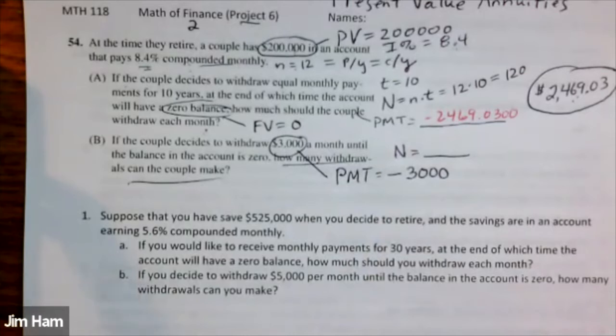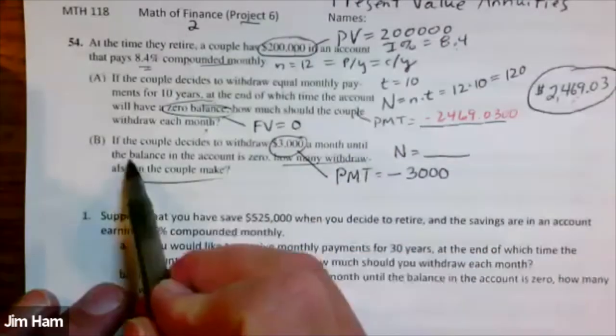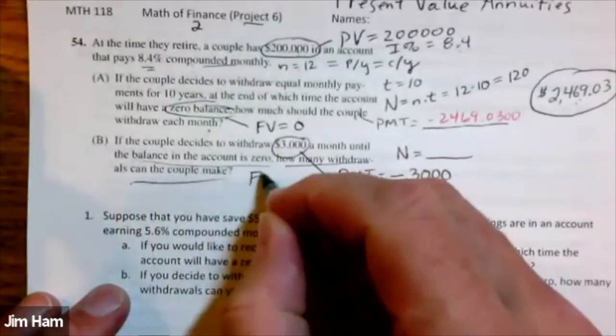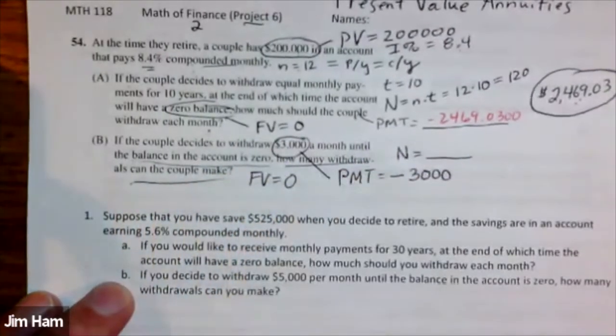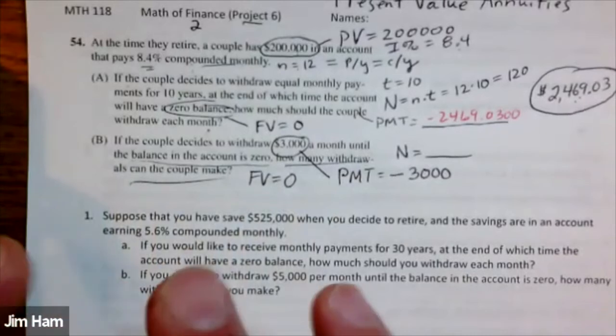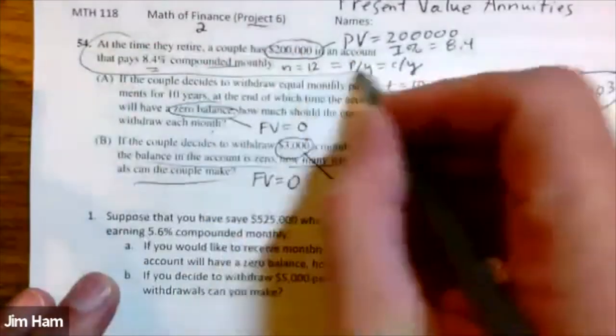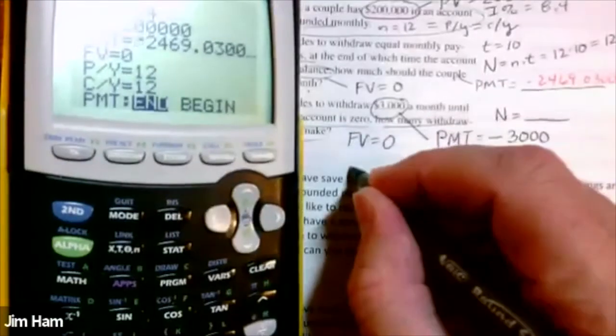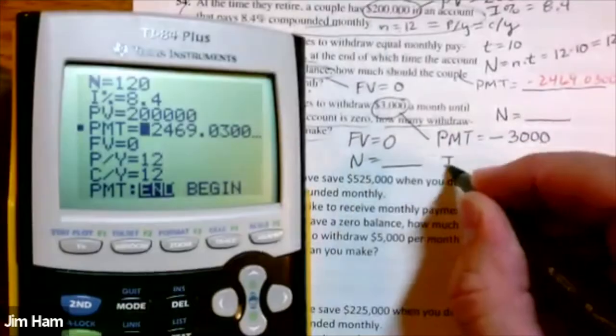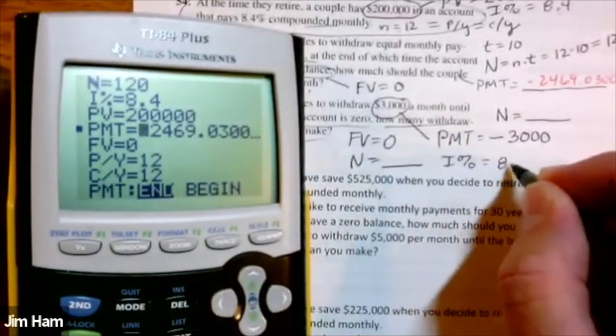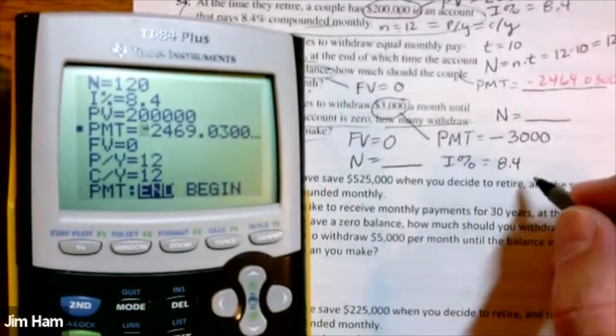The number of withdrawals corresponds to the number of months that they still have money left until the balance of the account is zero. So once again, the future value is zero. But everything else in this problem will go up to this information up here. So the N is what we're looking for. The I percent is still the 8.4 as stated in the original problem.